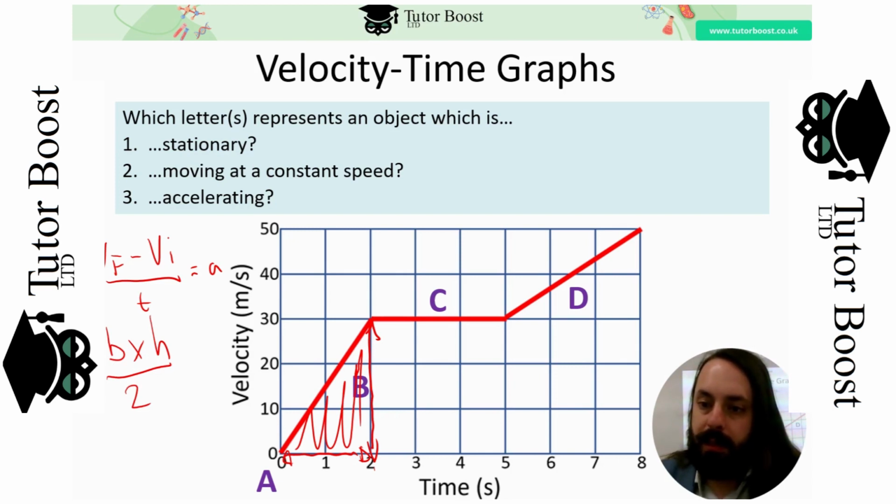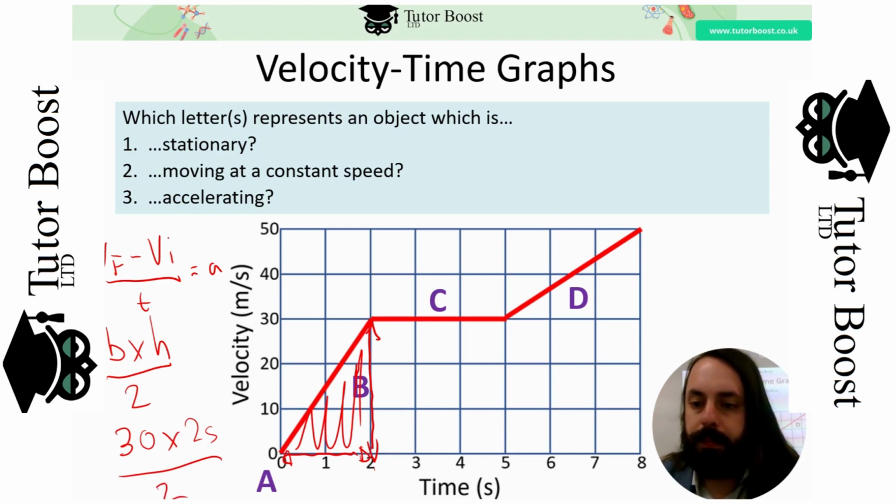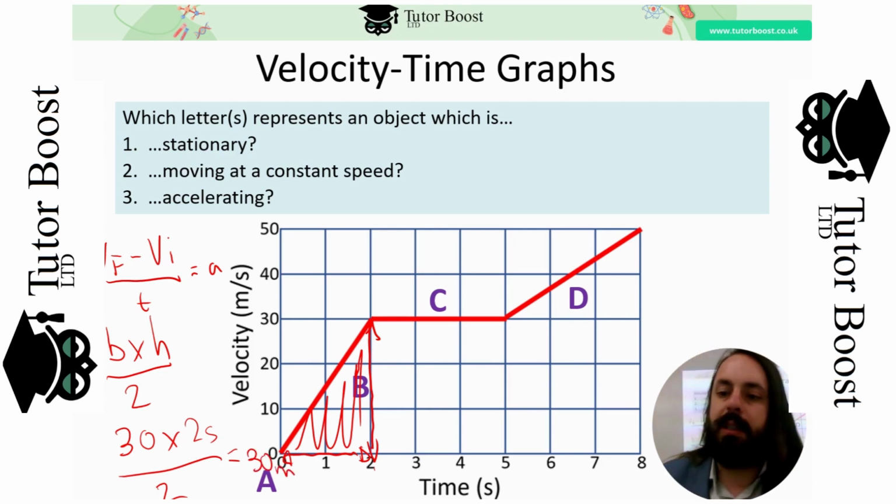Initial velocity is 0, it goes up to 30, so that would be 30. Now the base is 2 seconds, so times 2 seconds, and then we divide it by 2, and that would be 30 meters of distance covered.